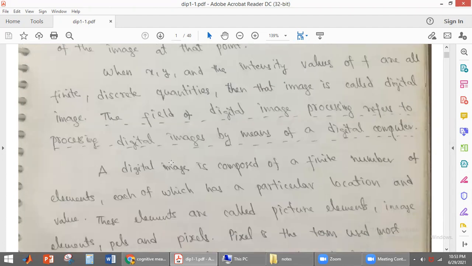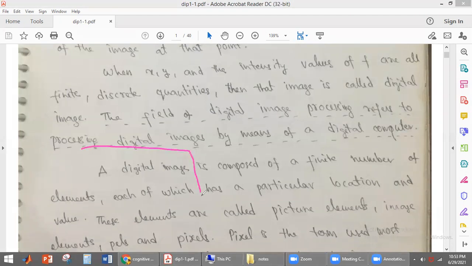A digital image is composed of a finite number of elements, each of which has a particular location and value. If you see the digital image, it will have a finite number of elements, and each element will have a particular location and a corresponding value.